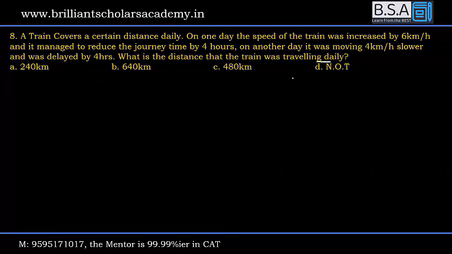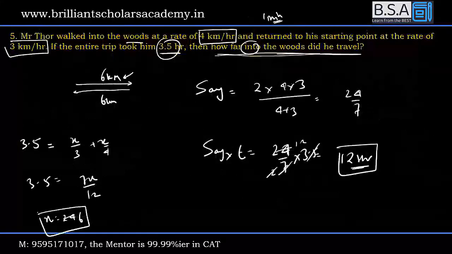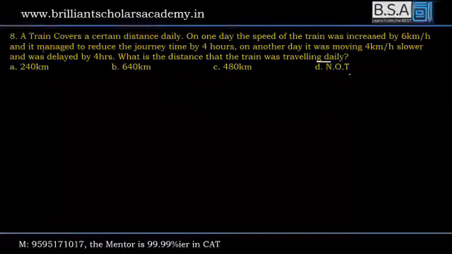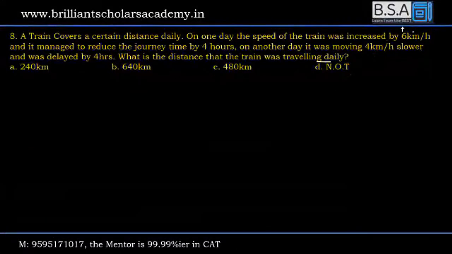So here try to understand, so far in every question up to this point, the exact speed was given. So you can take a ratio and work with it. What is happening here is the increase in the speed is 6. So the journey time is less by 4 hours.